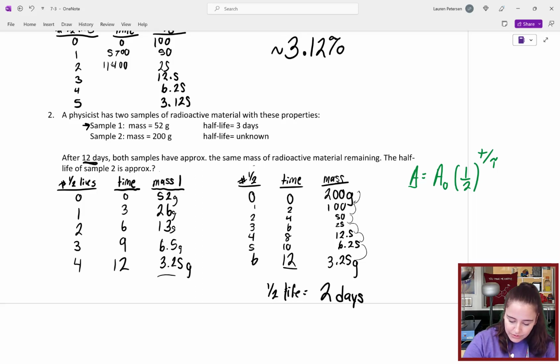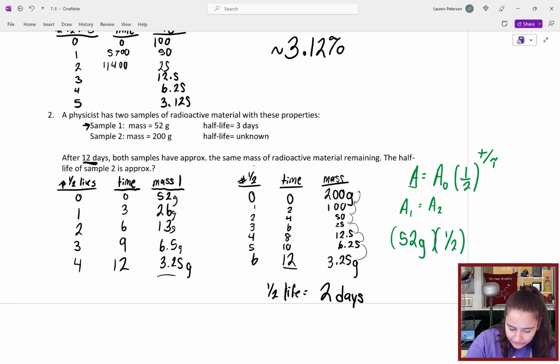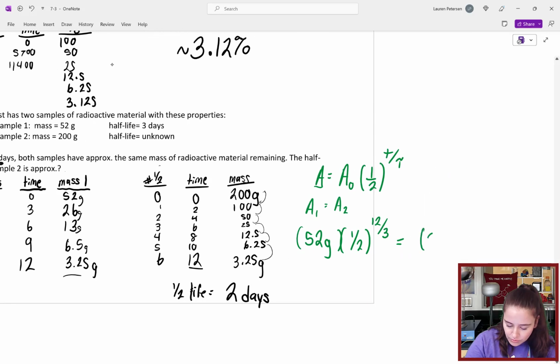So we would set A1 equals A2. For sample 1, we would have 52 grams times 1/2 to the, t is 12 days, so 12 over 3, equals 200 grams times 1/2 to the 12 over tau.